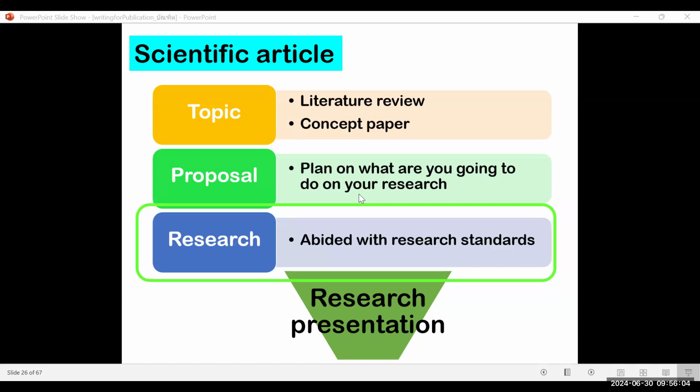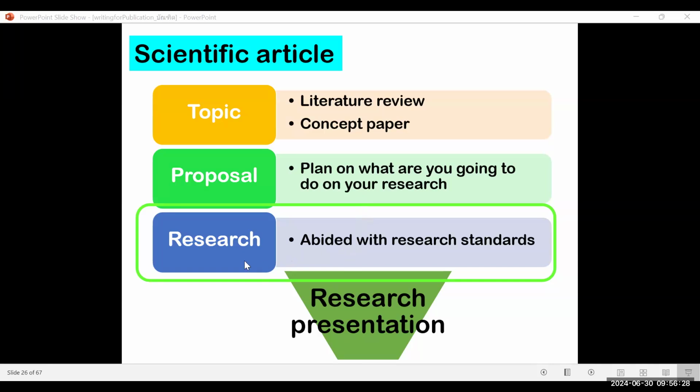If you have done it well in a proposal, writing your research results will be far more fluent, right? Again, a proposal works like a manual for you, telling you about the steps, the protocol, and the process that you would like to follow in your research.